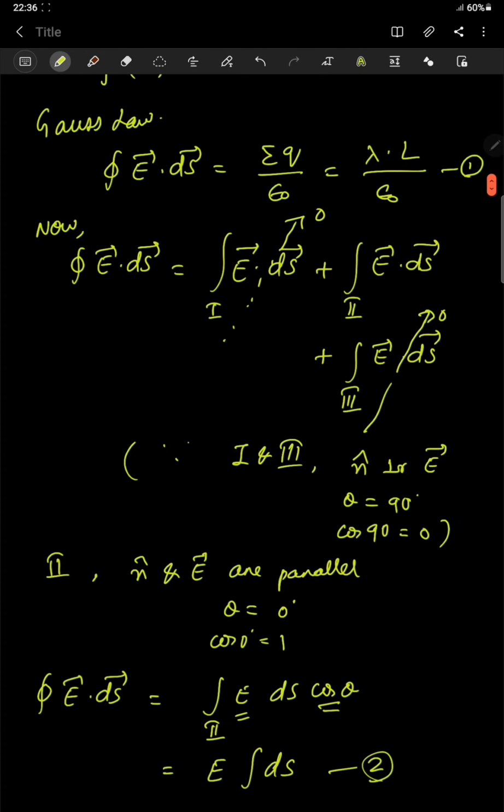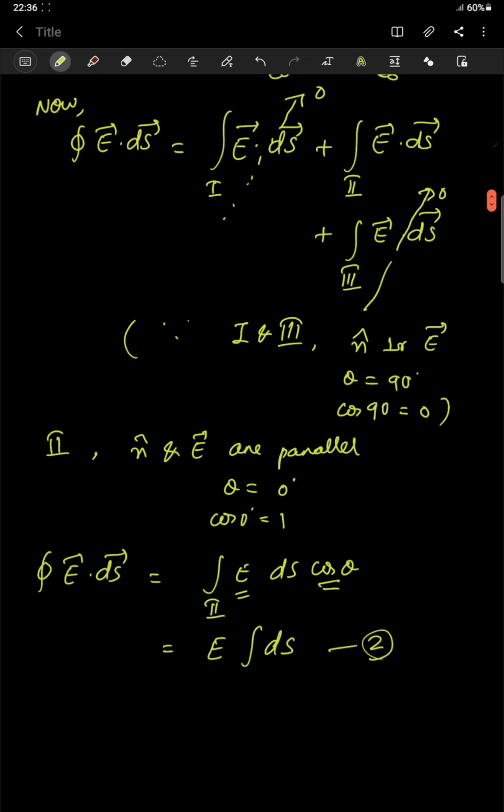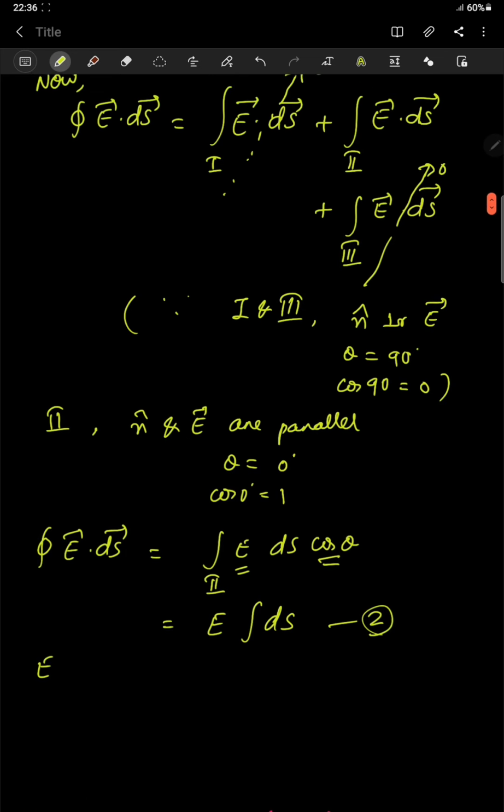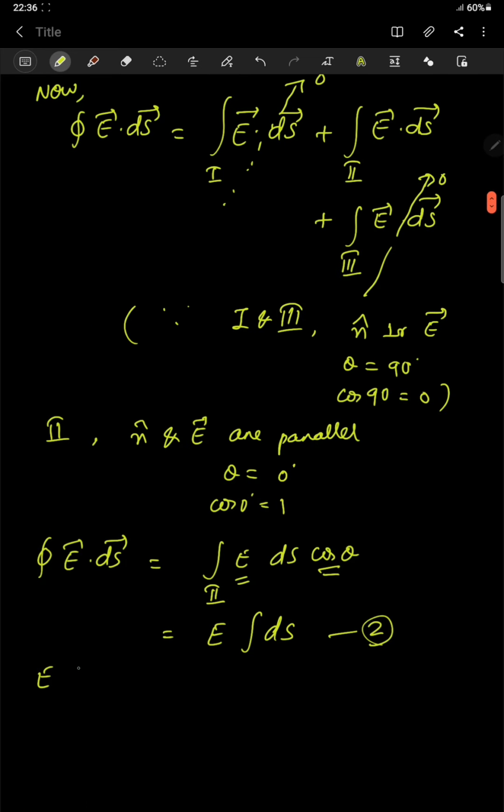So if you look at equation 1 and equation 2, the left hand side is equal, so the right hand sides can be equated. If you equate it, what will we have? It will be E integration ds is equal to lambda L by epsilon naught. E into what will be your integration of ds?